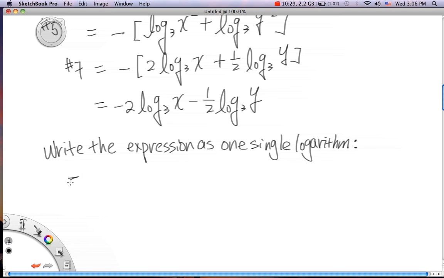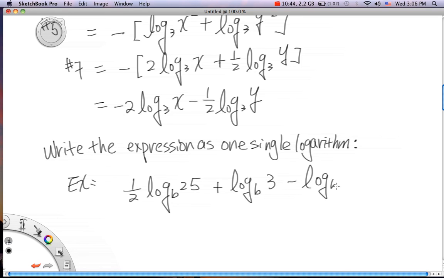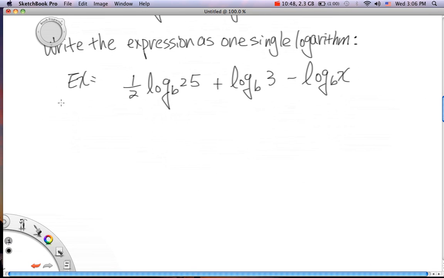So let's just do this example where I want you to rewrite 1/2 log base b of 25 plus log base b of 3 minus log base b of x. And here the key thing is you want to follow order of operations left to right.